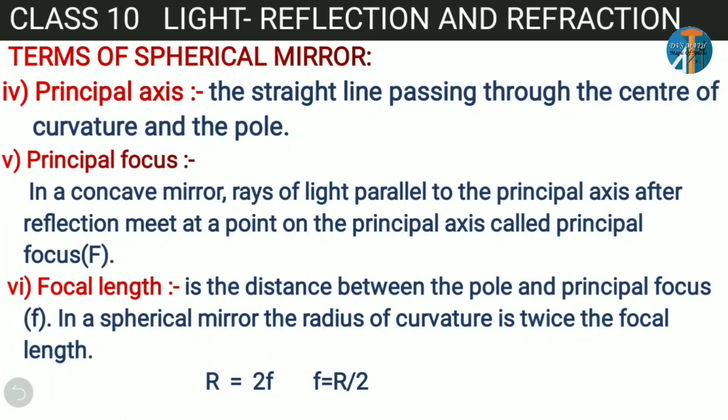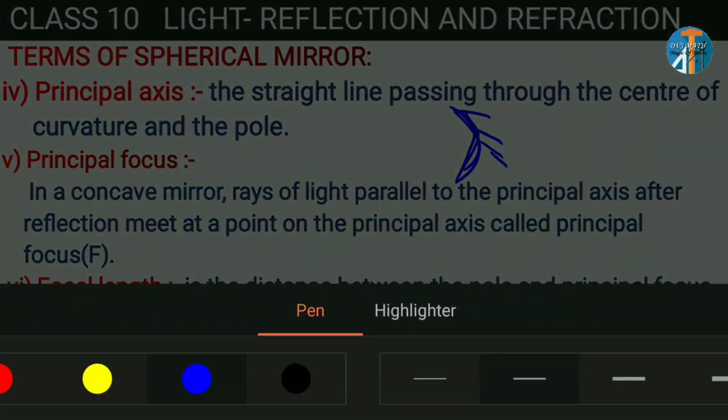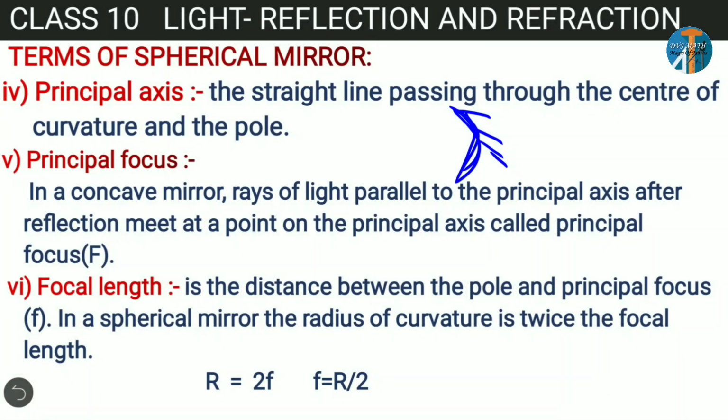The next part is the principal axis. If I consider a mirror like this, the center part is the pole, right? If I take a circle like this, the middle point is the center of curvature. The distance between these two, the center of curvature and the pole, is the radius of curvature.